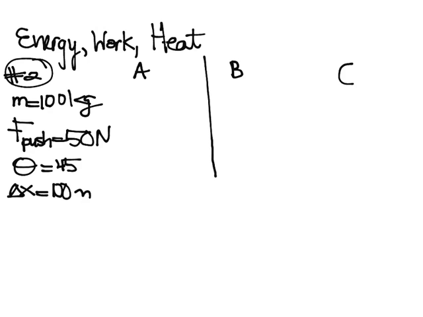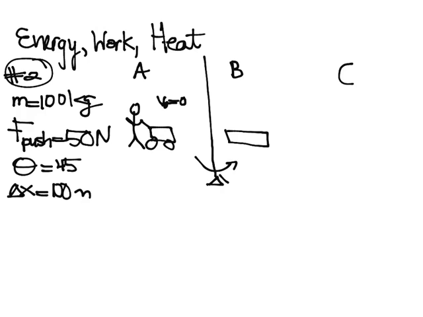Okay, in time A, Maggie is just starting to push the stroller, and this is the stroller, and the stroller is at rest, so the initial velocity is 0. In time B, she has pushed between A and B. We know that it's gone a distance of 100 meters.